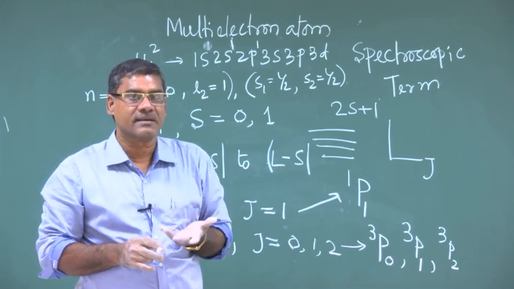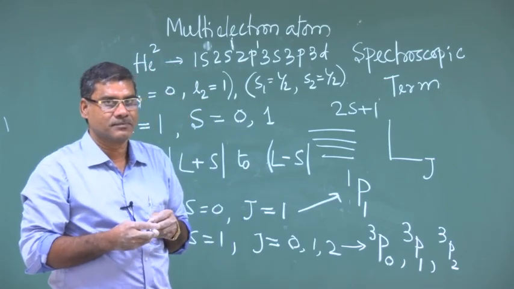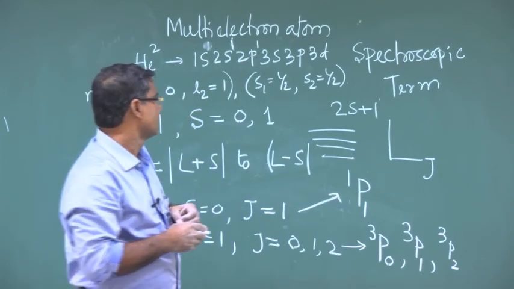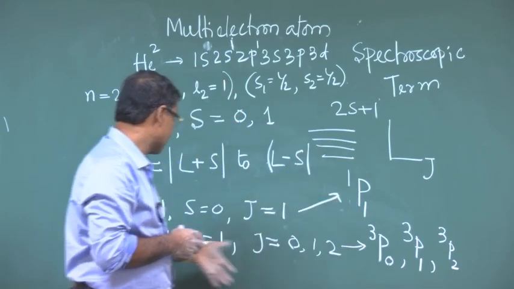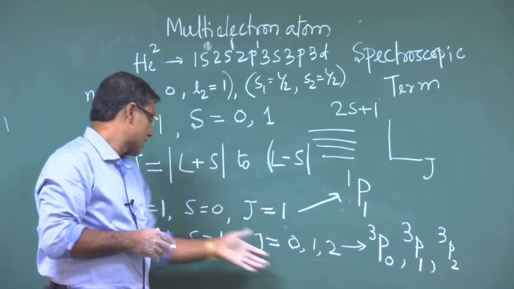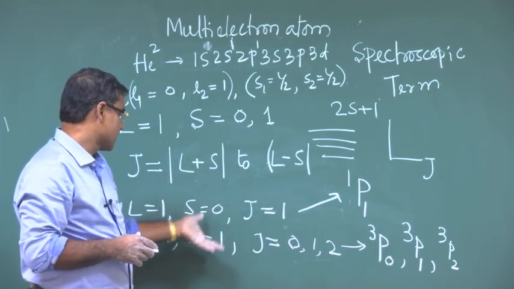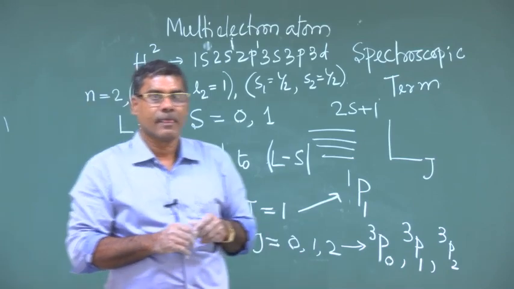In which state it is, it will take one of them, and that is basically decided because of the J value and depends on this resultant value.